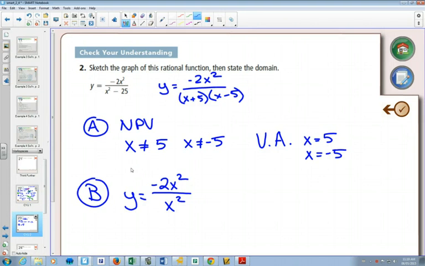Again, the idea being that as x gets really, really big, subtracting 25 on the bottom isn't going to make that much of a difference. It's really what's happening between negative 2x squared and x squared. If we simplify this, the x squareds cancel out, and we get y equals negative 2, and this is a horizontal asymptote. So this equation is going to have a horizontal asymptote. It's not going to have an oblique asymptote.